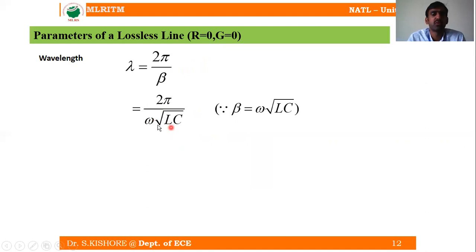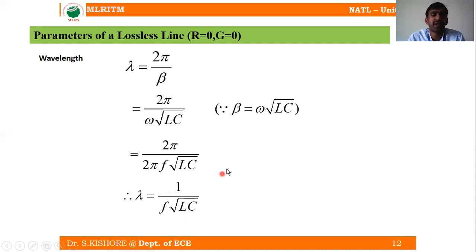We know that omega is equal to 2 pi f. Substituting this, the 2 pi and 2 pi get cancelled, and we have lambda is equal to 1 by f root over LC. So this is the expression for the wavelength of a lossless line.